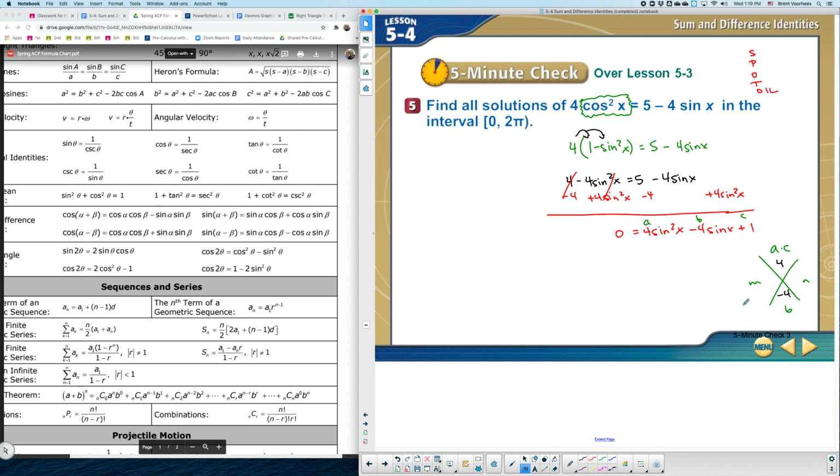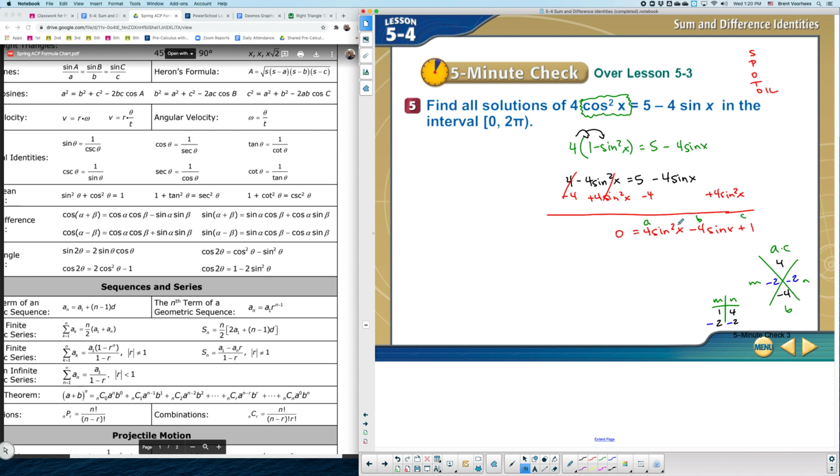So, little t-chart here. There are two options. We could be working with the numbers 1 and 4, or we could be working with 2 and 2. Now I want you to think about multiplying to get a positive 4, but adding to be a negative 4. The only way I think we can do it is with two negatives. So it'd be negative 2 times negative 2.